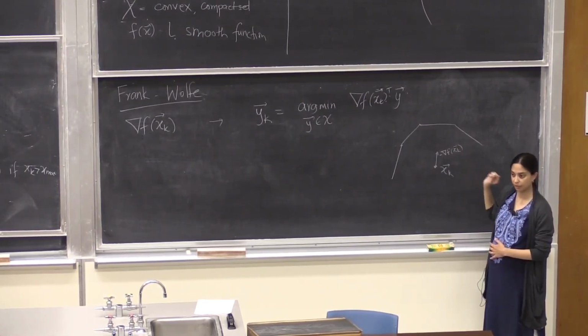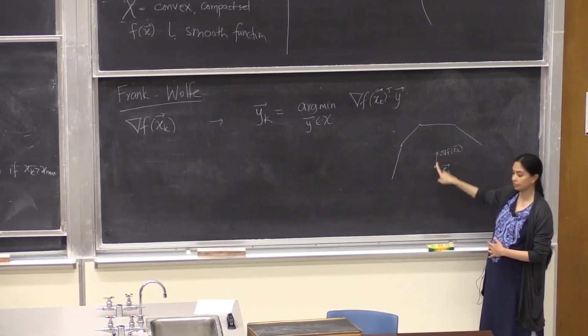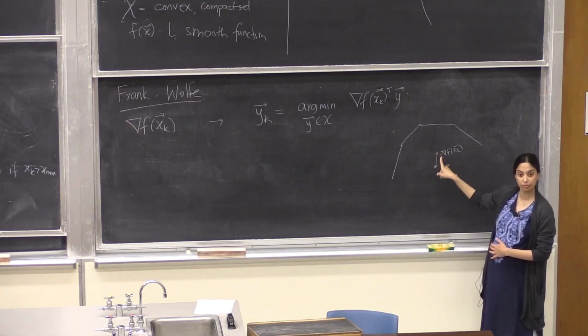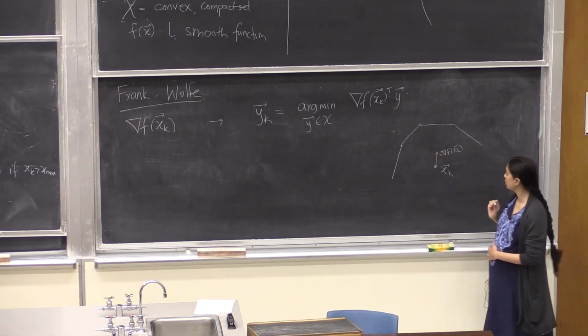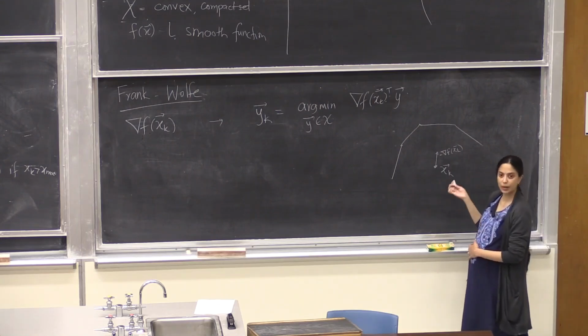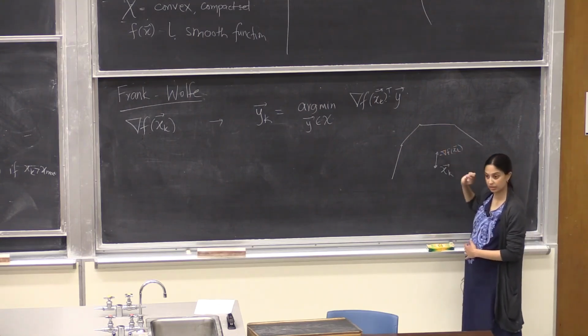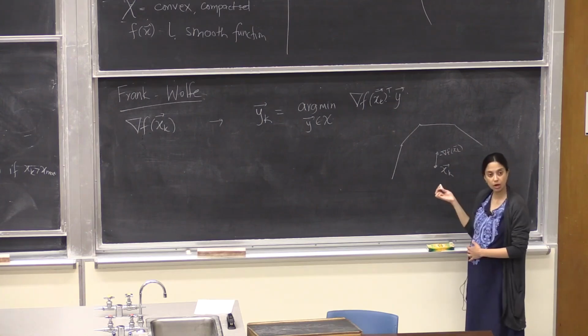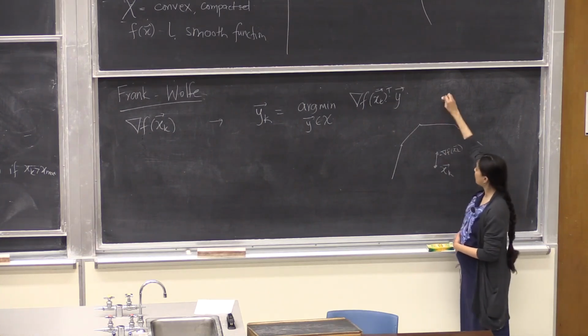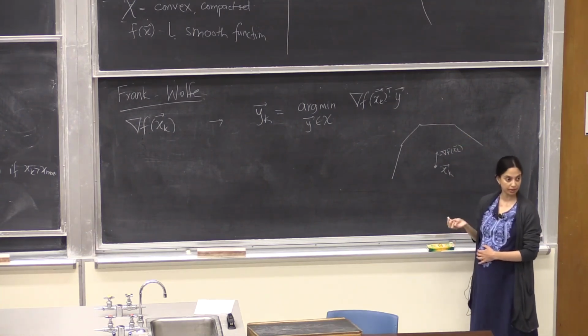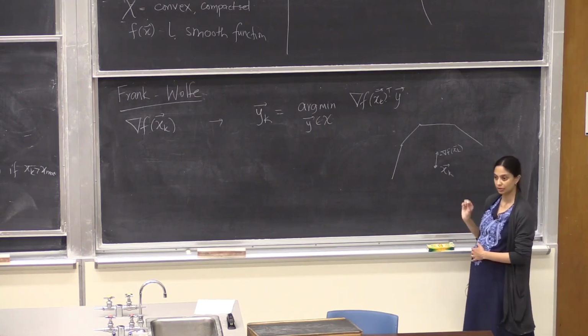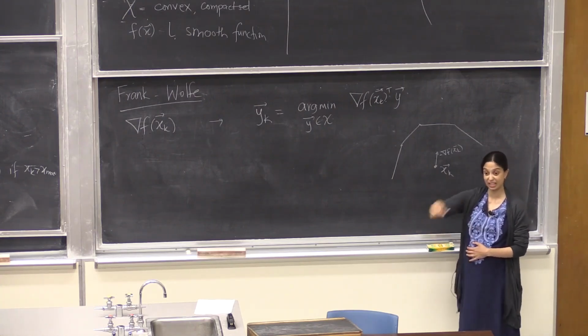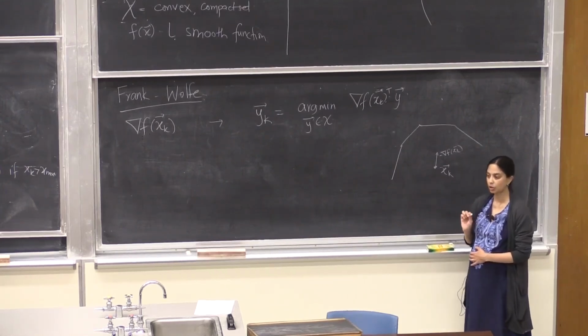Everyone with me here? Maybe if I choose the right step size, I could still stay inside the set, right? But if I choose the wrong step size, maybe I'll end up outside the set, and that could be a bad thing. And I won't know if I'm inside the set or outside the set before I take the step. I'll have to take the step and then find that out.